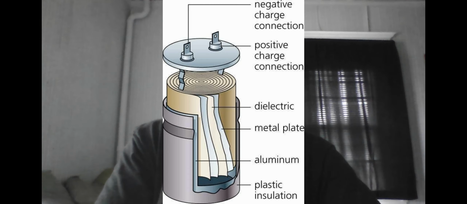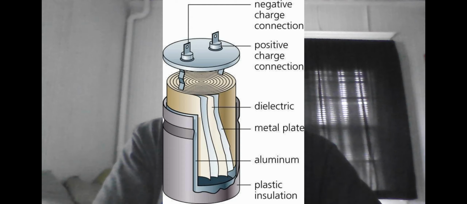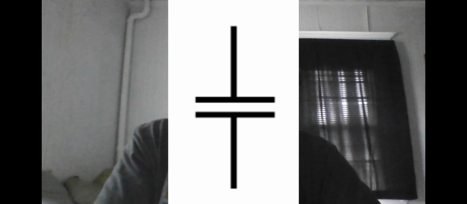So a capacitor is manufactured to take advantage of all of this by putting two conductive materials, usually made out of metal plates, separated by an insulator. The modern schematic you will see for capacitors looks like this, which is a reference to how capacitors are commonly designed, as mentioned just now.